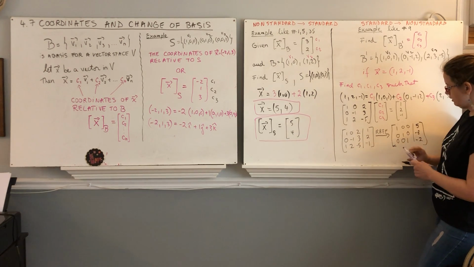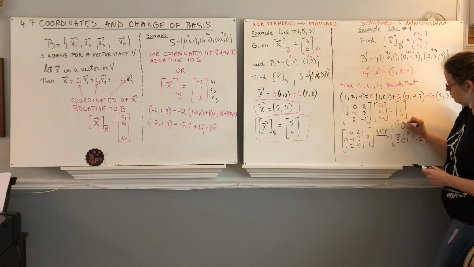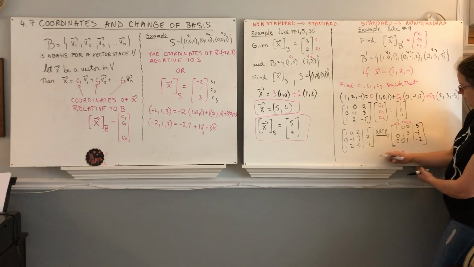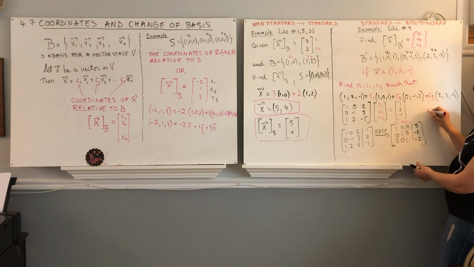What does that mean? That means C1 is 5, C2 is -8, C3 is -2.